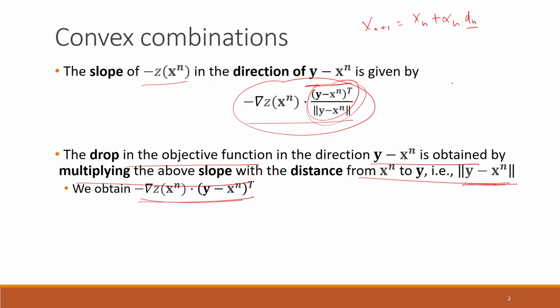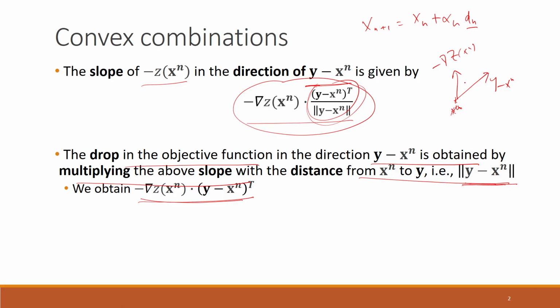This is not very difficult to understand. For example, if the objective function value is decreasing in this direction, this is the minus gradient of z obtained at point xn. Suppose you are currently at xn, but we are moving in the direction y minus xn.